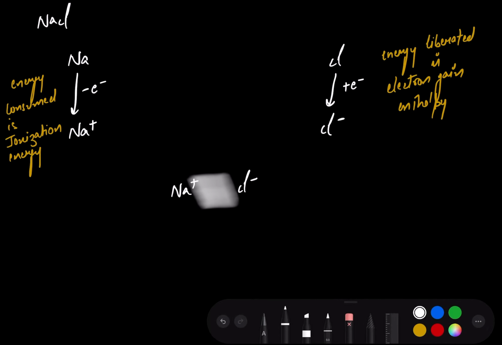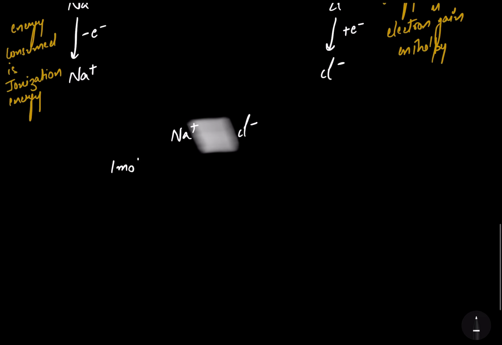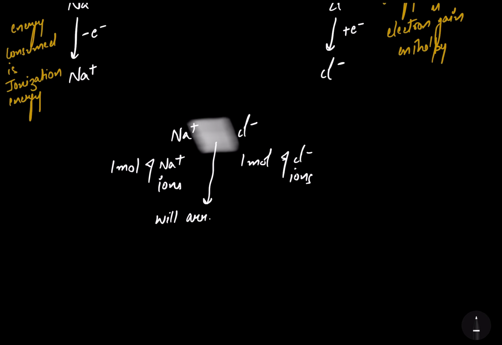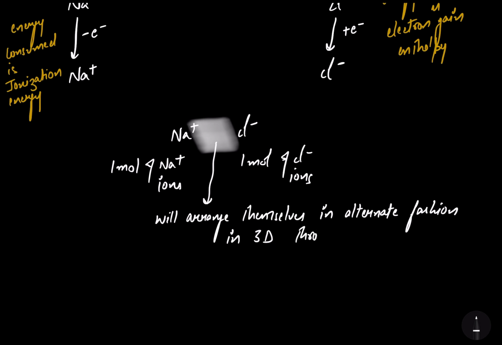After that, I'm writing 1 mole of Na positive ions and 1 mole of Cl negative ions will arrange themselves in alternate fashion in 3 dimensions through ionic bond formation.